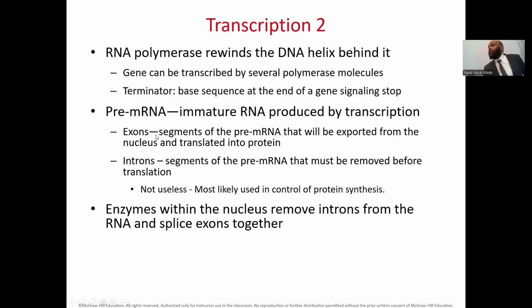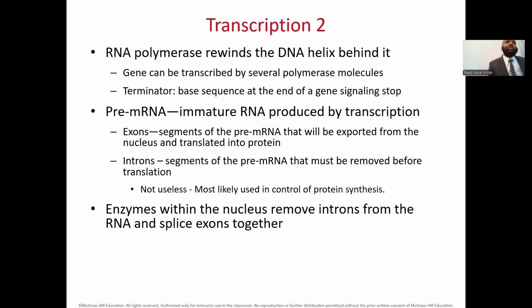And then that RNA we make, what are we going to call that? We're going to call that the nascent mRNA transcript. The nascent mRNA transcript is an immature RNA produced by transcription.